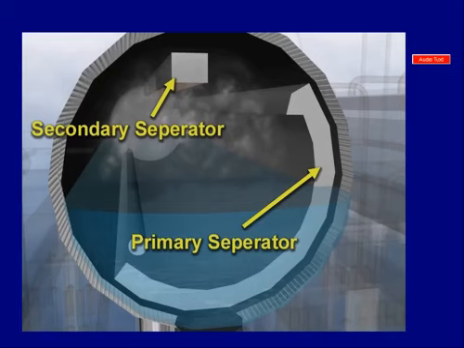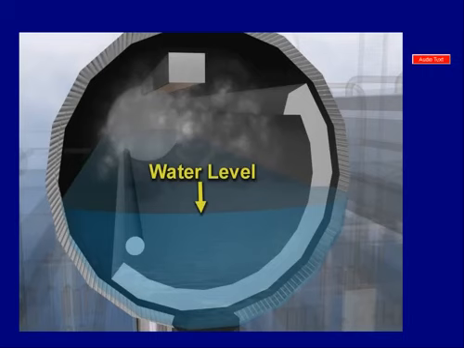Before leaving a drum, the steam passes through the secondary separator and leaves the drum through a saturated steam line. The LP, IP, and HP drums are designed to contain the expansion or swell of their individual evaporators, which occurs during startup due to the expansion of water that is being heated.